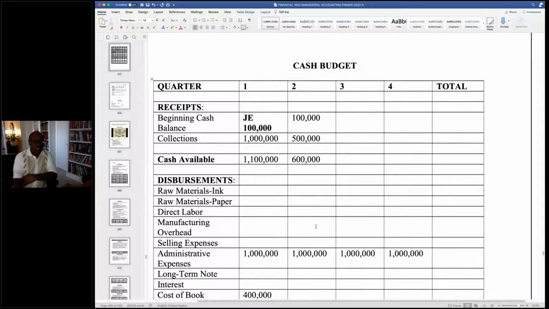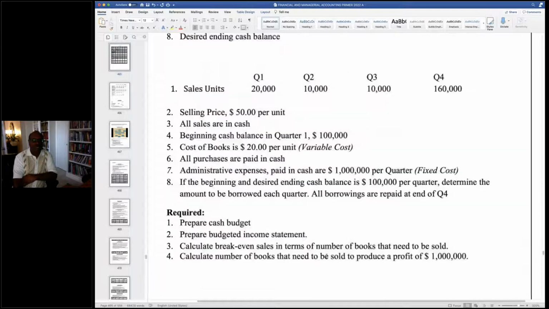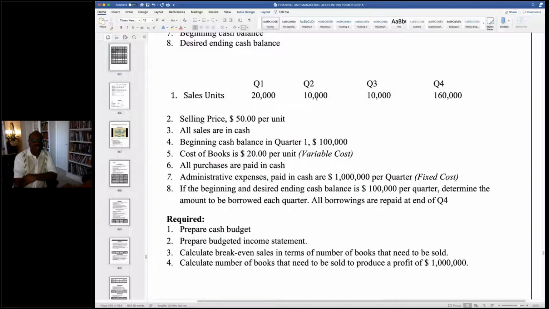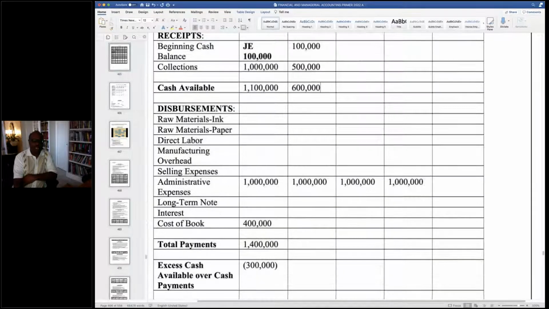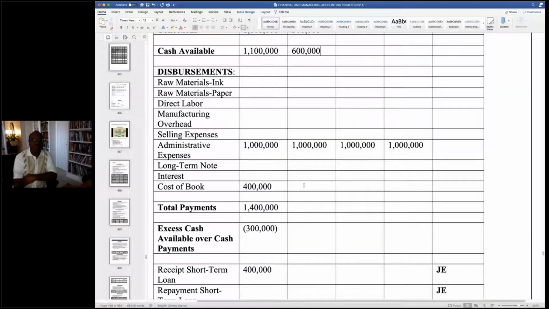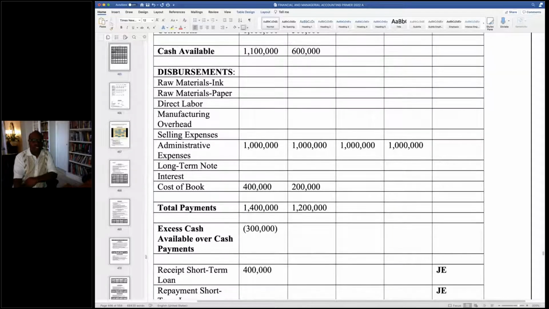Still got to pay the $1 million. How much do we got to pay for the books? We sold 10,000 books. The books cost $20 each. So we got to pay 200,000 for the books. So our total payments are going to be $1.2 million. We only got 600 available.